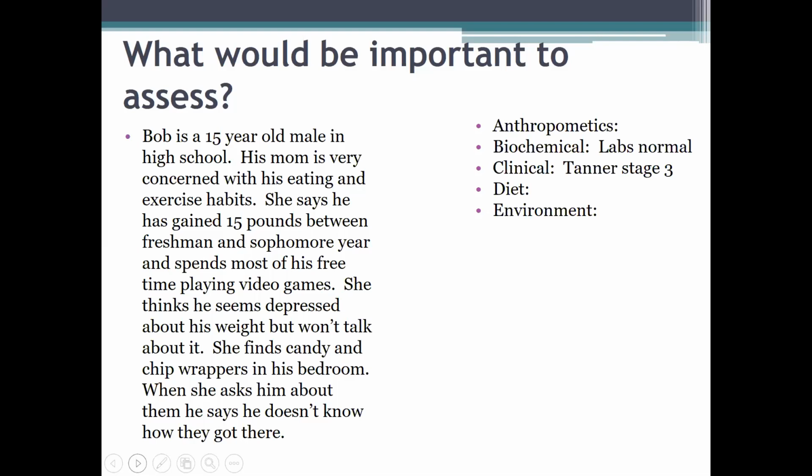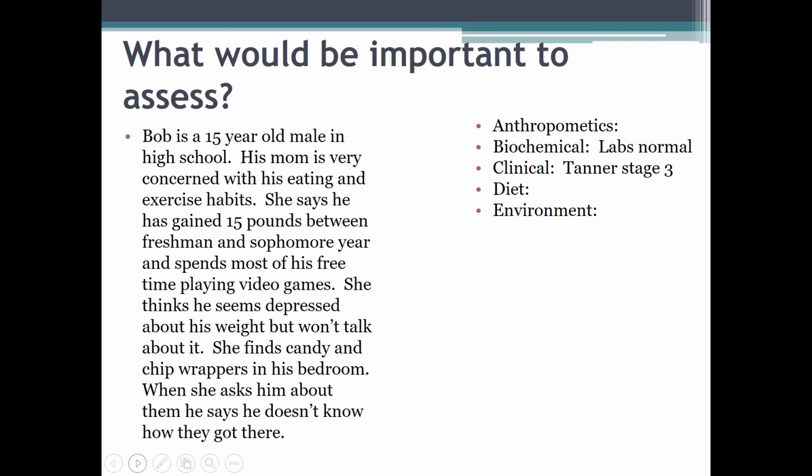For diet, you usually on the first visit do a 24-hour recall. So you'd get detailed information about what he had eaten in the previous 24 hours with serving sizes to be really accurate. And then you'd probe even more for other types of eating habits, like what he does on the weekend and how often he eats out. You might want to ask about alcohol.